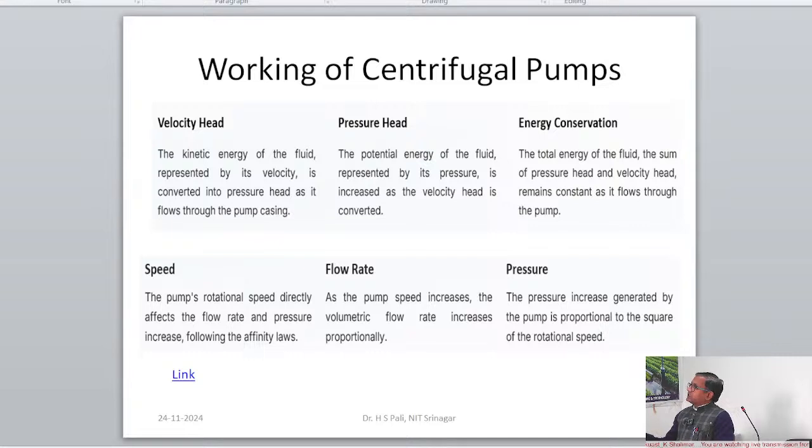Another important part is cavitation. Cavitation is what happens when the available NPSH is less than the required NPSH. The water will not come, because the suction side has air, or partially the pressure head NPSH is less, so it will suck in some air.